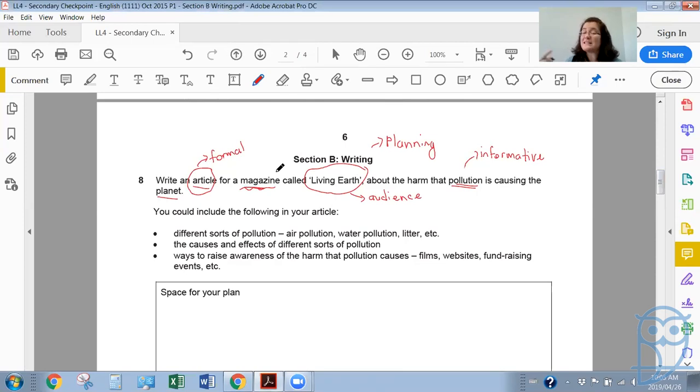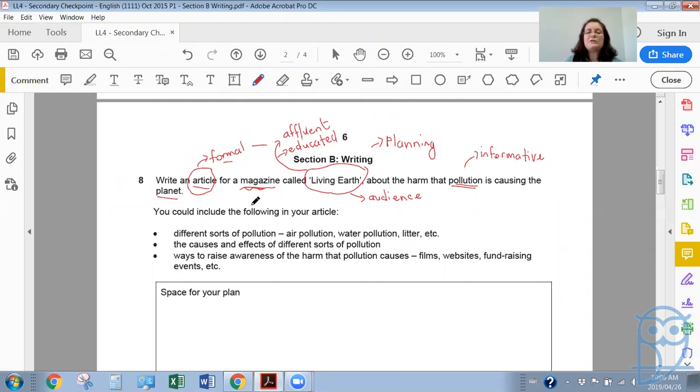But even so, not everybody can access the internet. So I would argue that it's probably more affluent people, who have some money, or educated people, who would most likely buy Living Earth magazine. This is generalizing, but in general, these are the kinds of people. So keep that in mind. That's why it's probably best if you write a bit more formally, because you are writing for an affluent or educated audience.